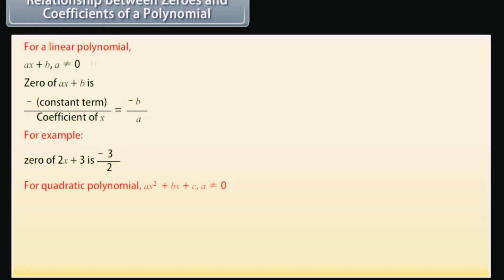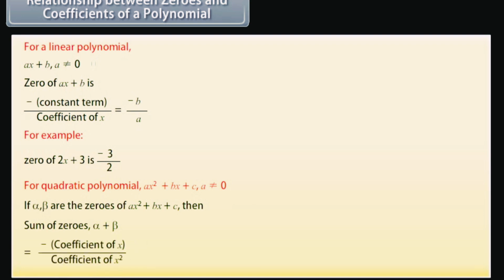For quadratic polynomial ax square plus bx plus c, a is not equal to 0. If alpha, beta are the zeros of ax square plus bx plus c, then sum of zeros, alpha plus beta, is equal to minus coefficient of x upon coefficient of x square, which equals minus b upon a.